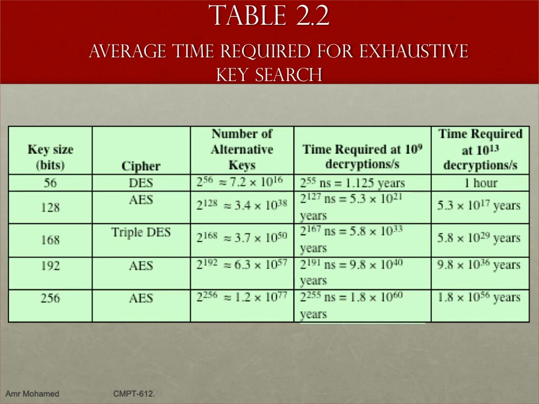So these are the specs of the algorithms that we will talk about. Not only this, but also AES, and we'll talk about the motivation towards AES in a bit.